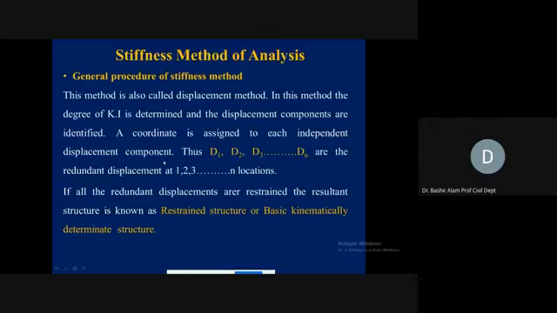If we provide a fixed support there, it means we are restraining the rotation. So first we show, let's say it was at one location. At that location, the corresponding unknown displacement was rotation. So we designate this by a curved arrow and we label it as D1. So we show that this is what we are going to lock now.